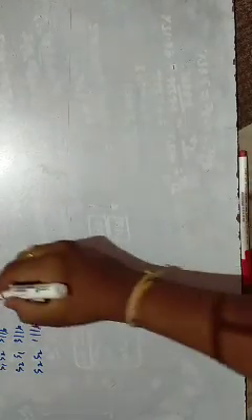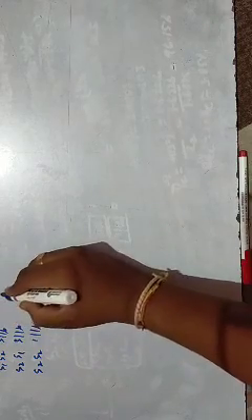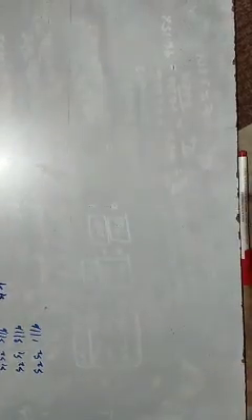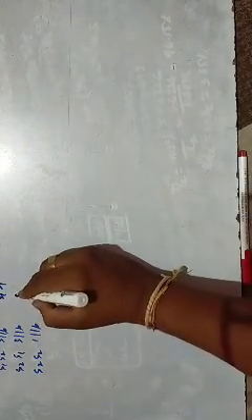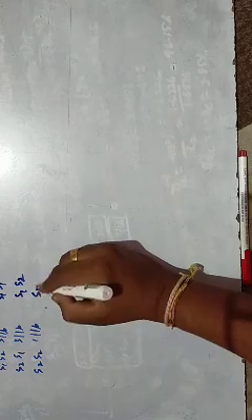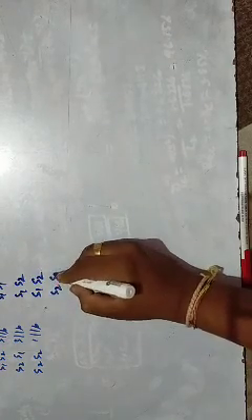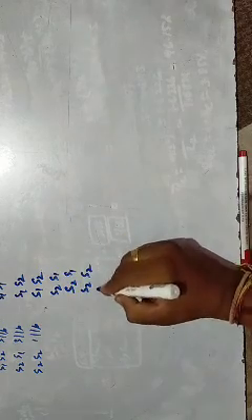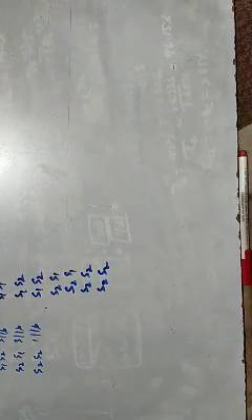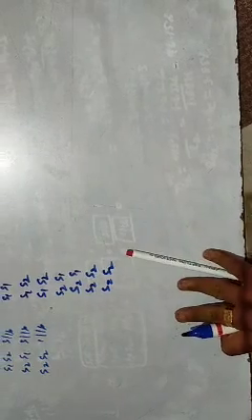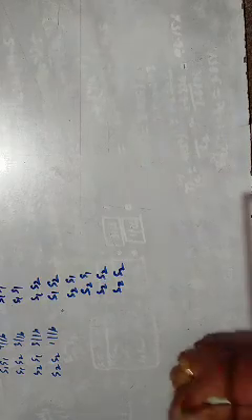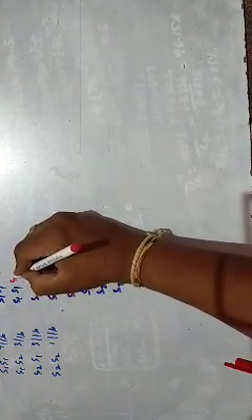How to write this? First consider S1 two times, because again here I have to write S2 S1 similarly. So S1 S2, and for this S1 again we will have S1 S2.